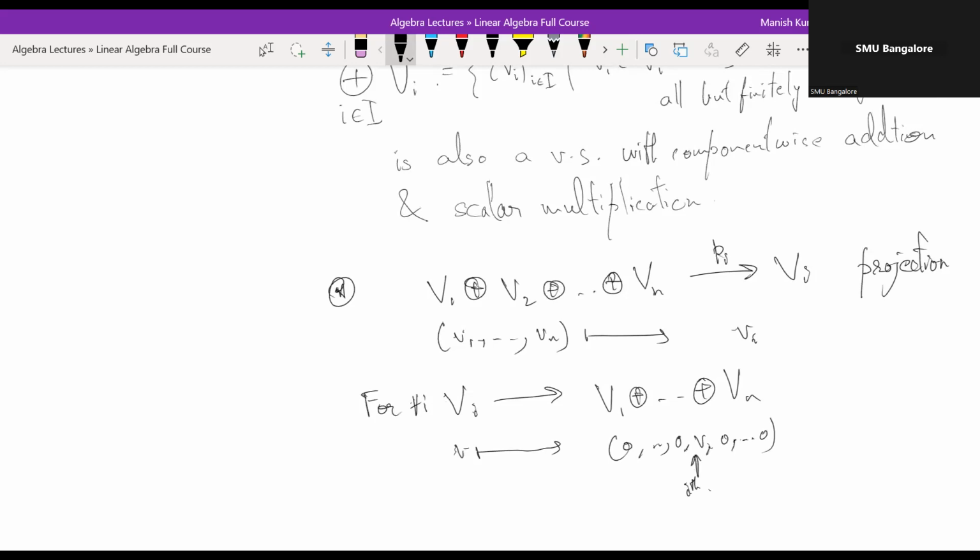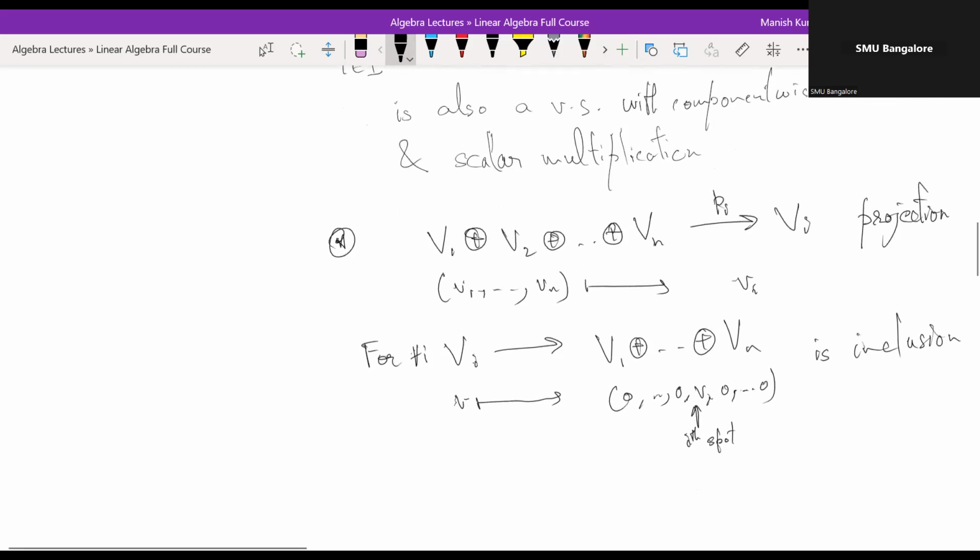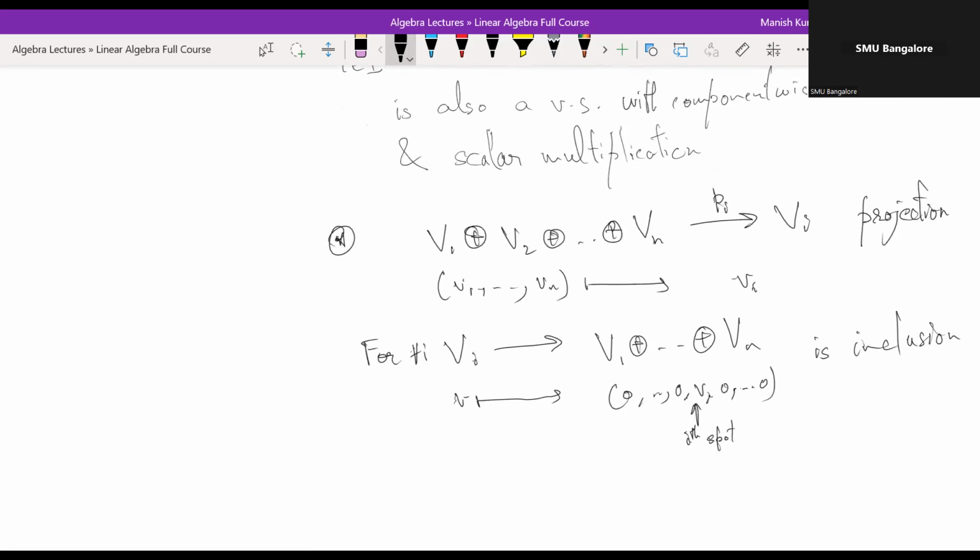That's the only place it makes sense, because V_i is in the ith spot. This is called the inclusion, an inclusion linear map.